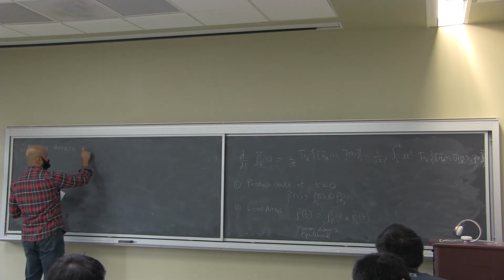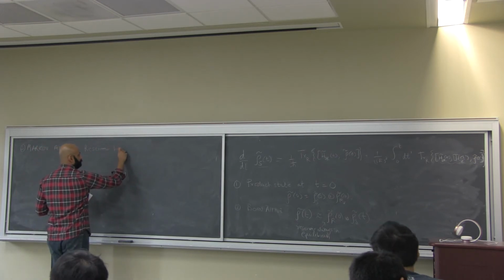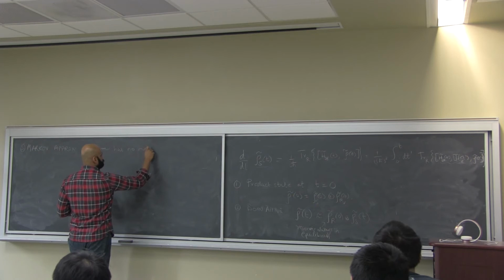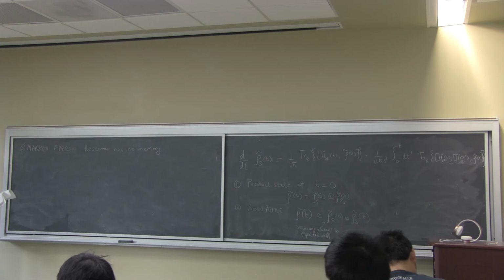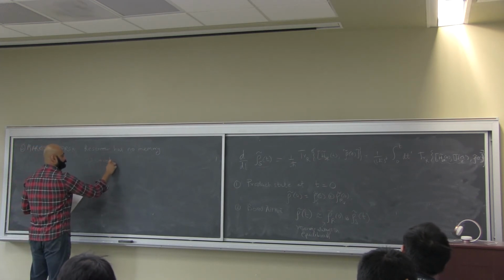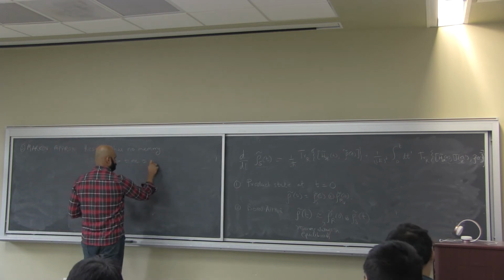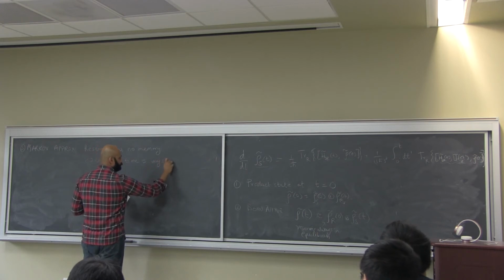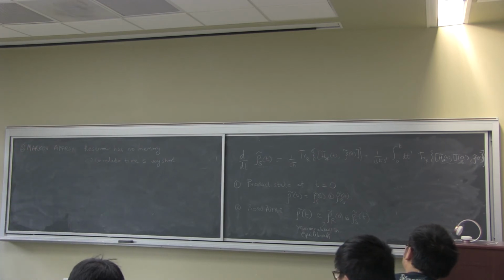The Markov Approximation means the reservoir has no memory. Its correlation time is extremely short, equivalent to a delta function, compared to the time of evolution of the system.